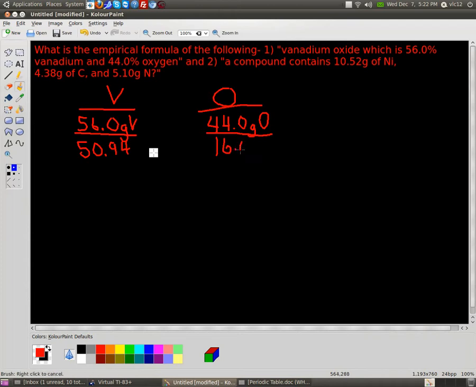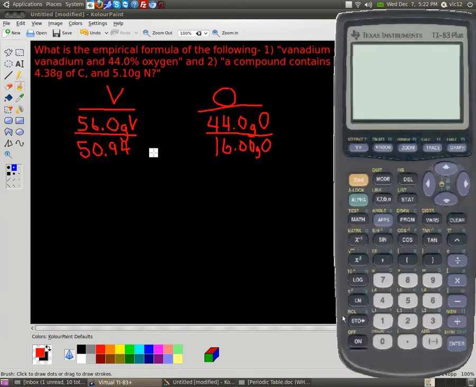Now, basically what we're doing is converting our number of grams into the number of moles. But to me, these are just so much easier to stack and work like this. Okay, now we need a calculator, so I'll get my TI-83 here, and I'll punch in 56.0 divided by 50.94. Now I want to keep 3 sig figs because that's what I have up here on top.